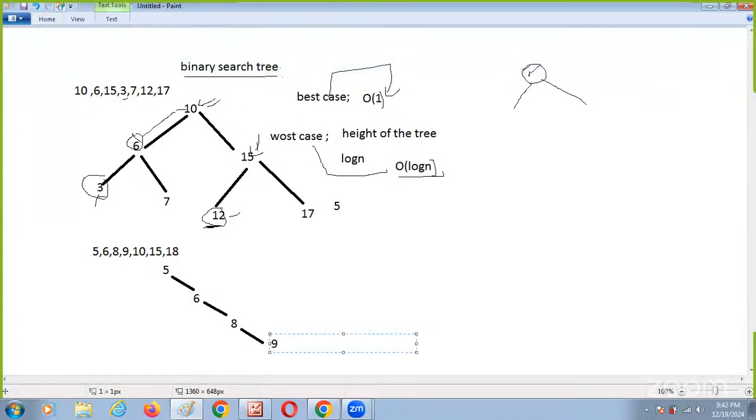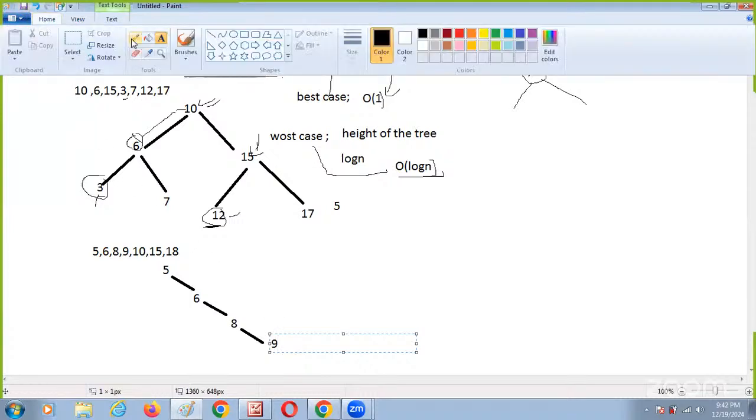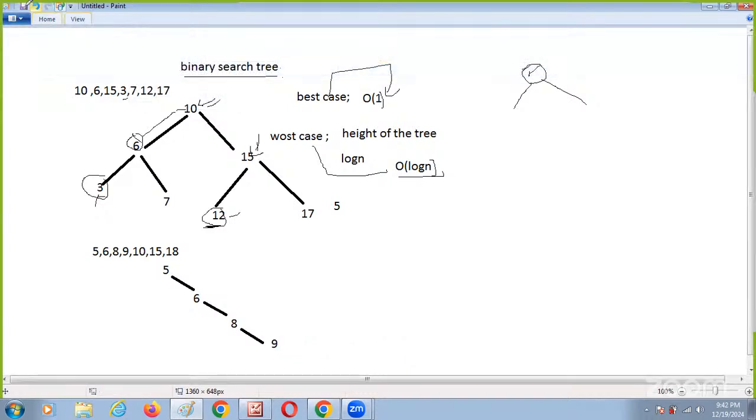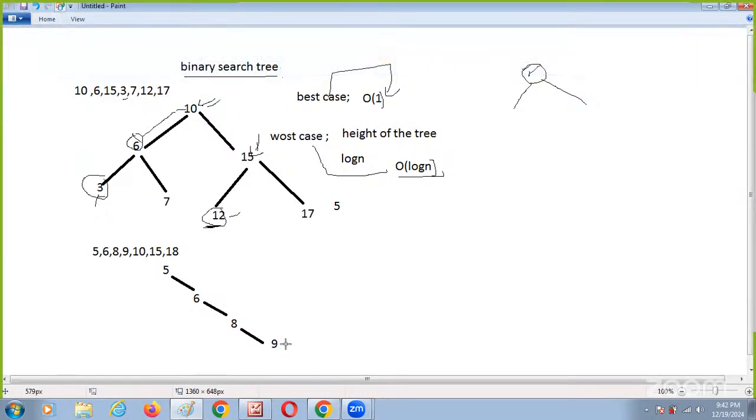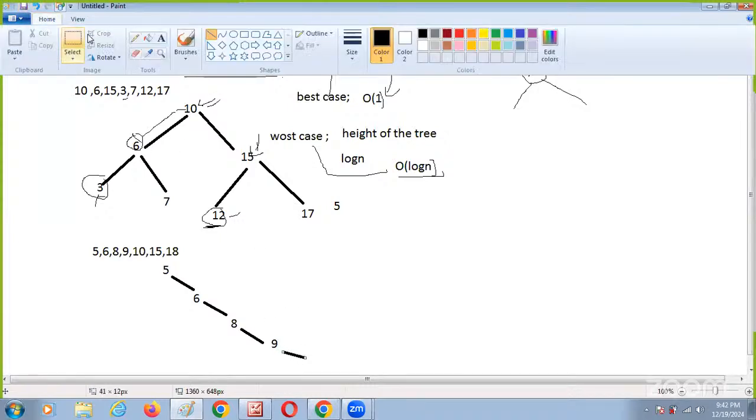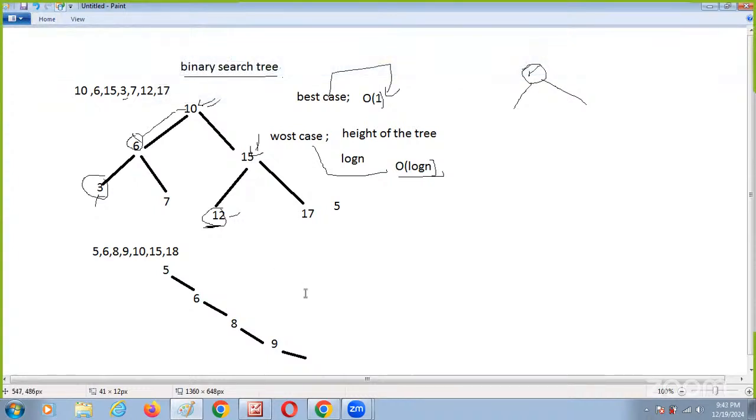Then 10, and it should be greater than 9.